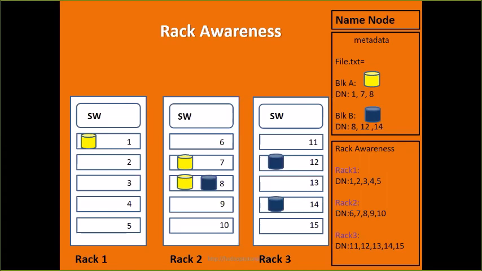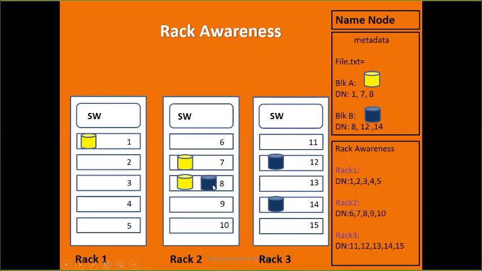This is just to be fault tolerant even in case of an entire rack failure. Let's assume the entire rack 2 failed, but you can still access block A and block B, block A from rack 1 and block B from rack 3. Assume the entire rack 1 failed, so all 5 data nodes are gone down because the rack itself is down.